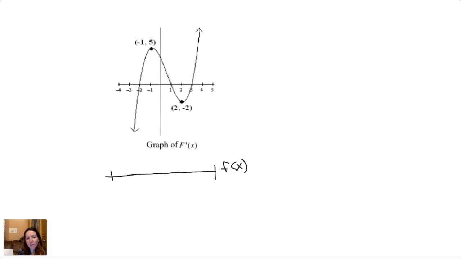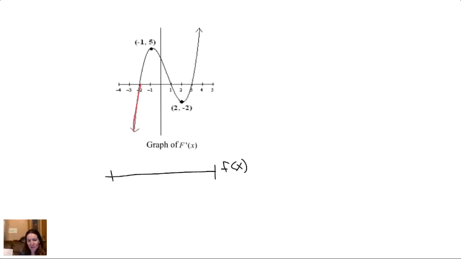So I start by looking at my derivative all the way to the left, right? So my derivative actually starts out below the x-axis. So from here to here, the derivative is negative. Well, if the derivative is negative, that means the function is decreasing. So we have to go in that order.